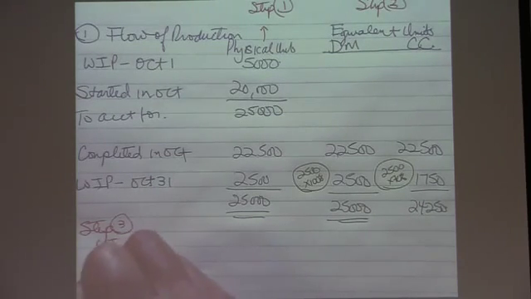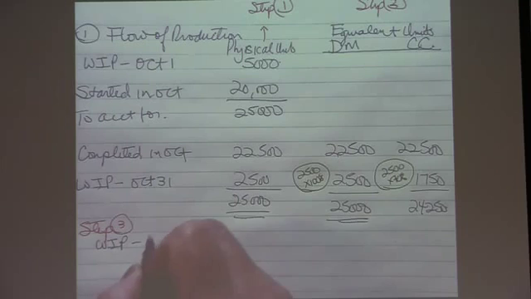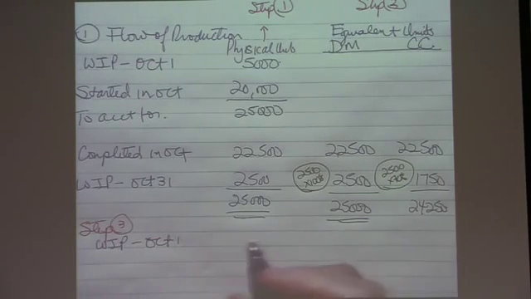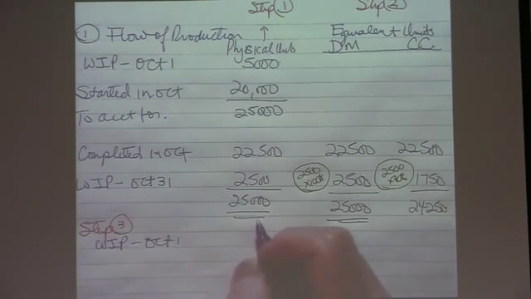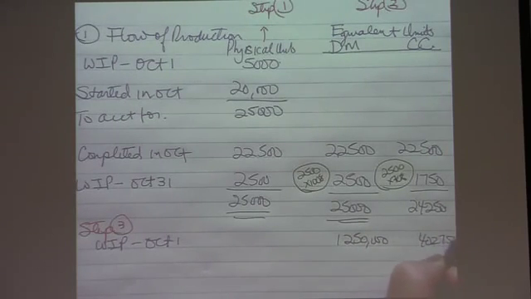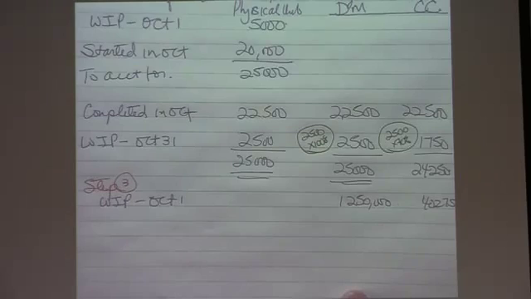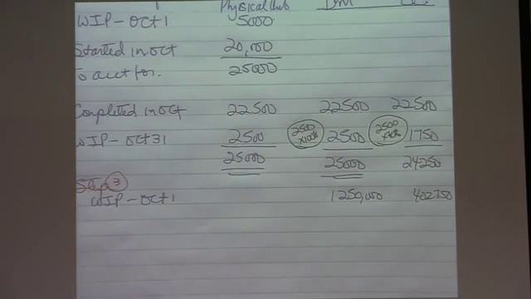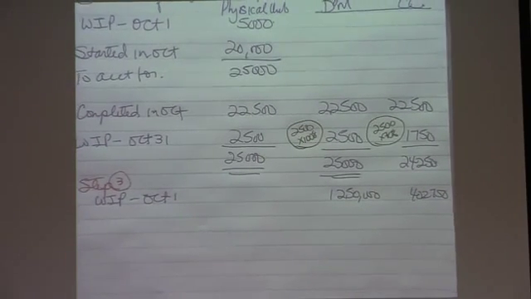The work in progress cost that was sitting on October 1st, and this was given to us, by the way, was direct material of $1,250,000 and conversion of $402,750.